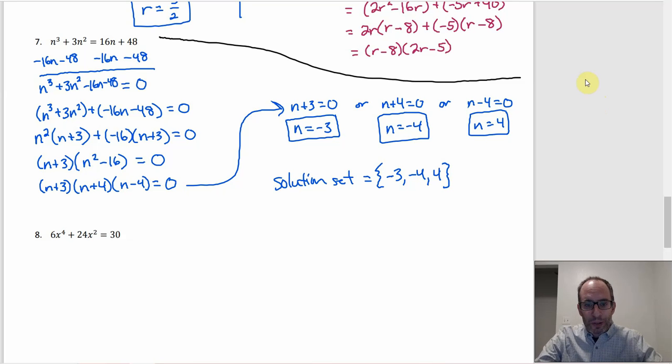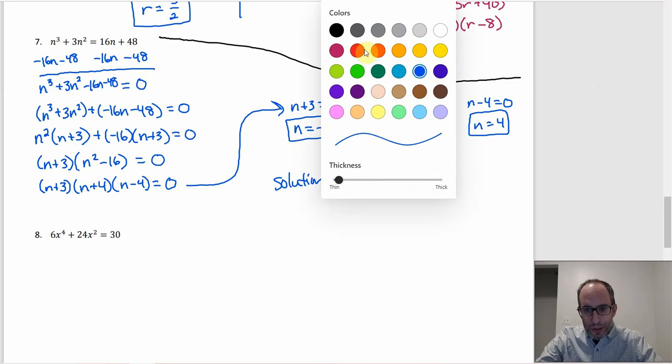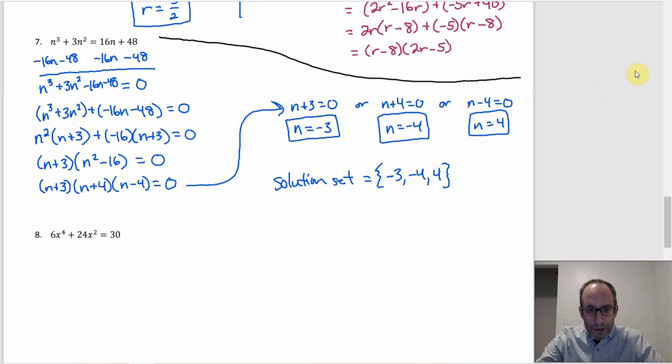But here, just like right there, where you got a 0 on one side and the polynomial on the left is degree 3, the number of solutions that you could have is up to and including 3. So you might have 3, you might have 2, you might have 1.